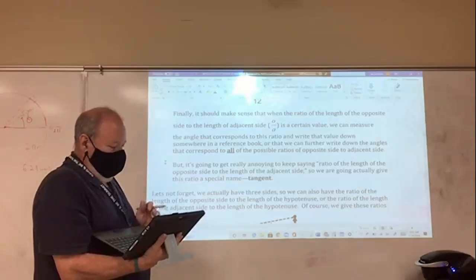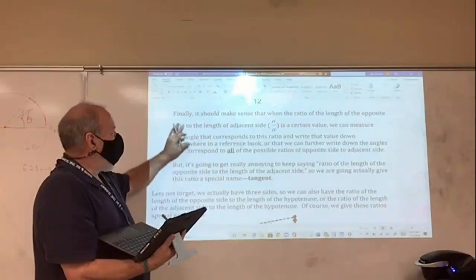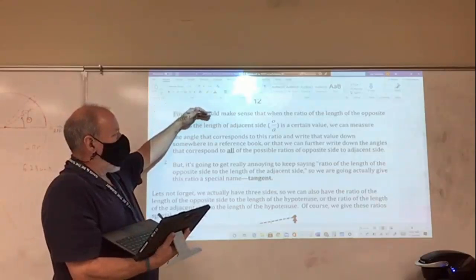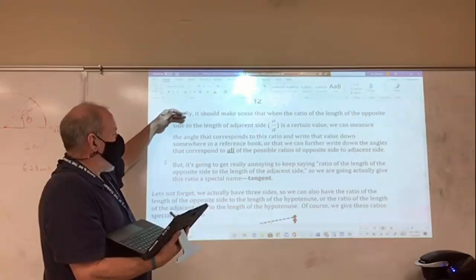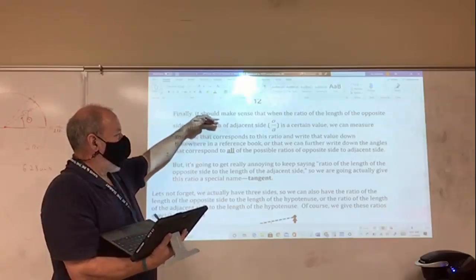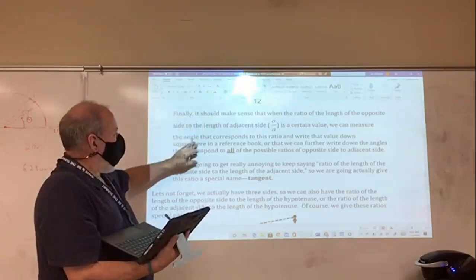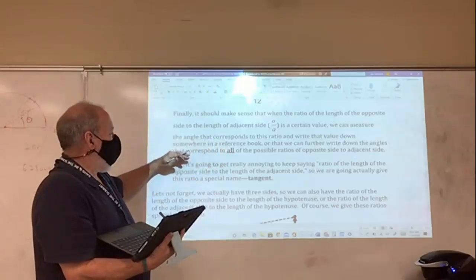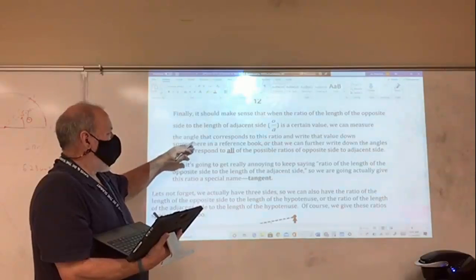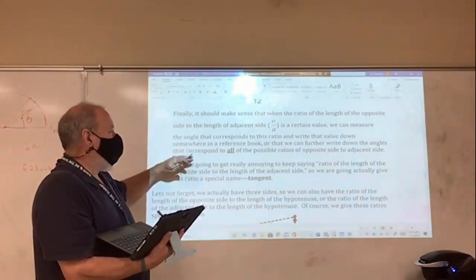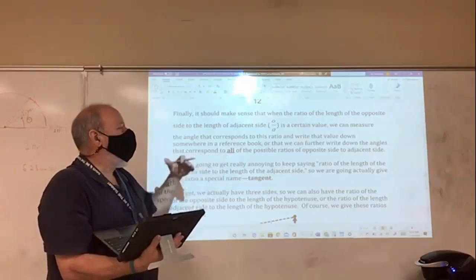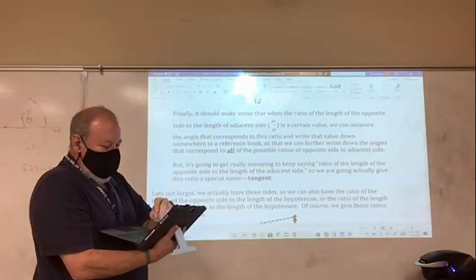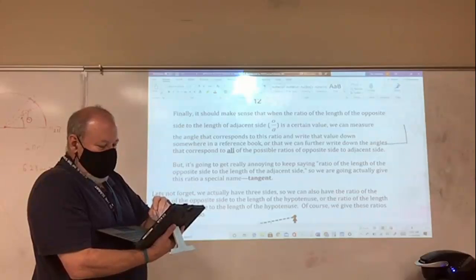So anyway, we left off by talking about this idea that it should make sense that when the ratio of the length of the opposite side to the length of the adjacent side is a certain value, we can measure that angle that corresponds to this ratio and write that value down somewhere in a reference book. Or we can write down the angles that correspond to all of the possible ratios of the opposite side to the adjacent side, right?